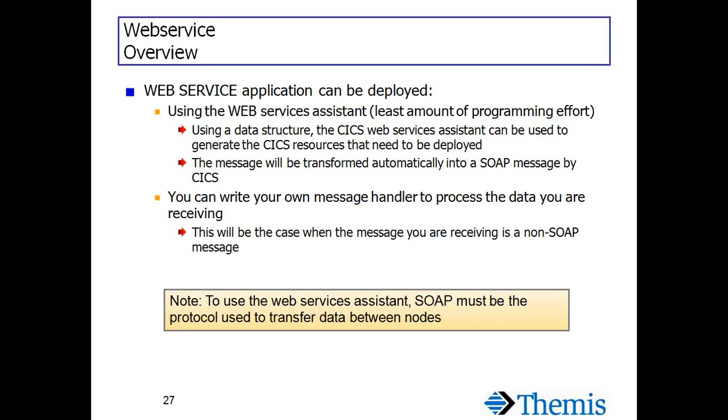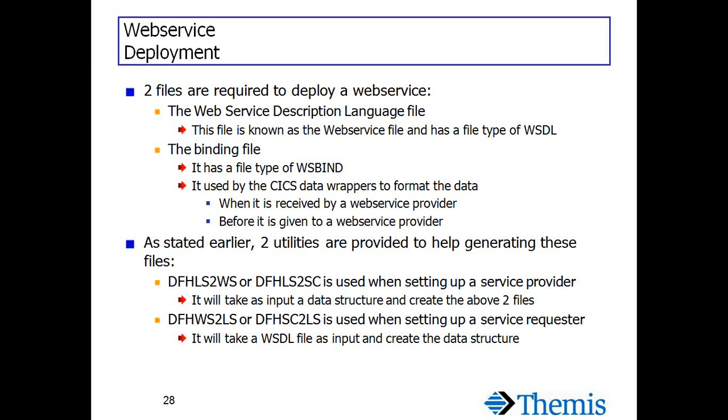I've seen that a lot in sites. The net result of the utilities creates what's called the WSDL file and something called the WSBind file, and CICS uses this so that CICS itself is doing all the transformation from SOAP to data structures, so we don't have to.